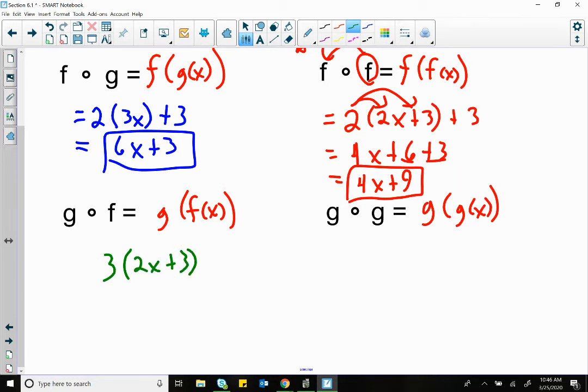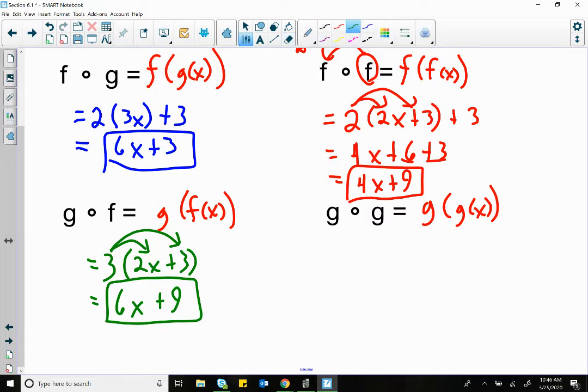All I've got to do is a little bit of distributing. So 3 times 2x gives us 6x, and 3 times 3 gives us 9. And there you have g of f.